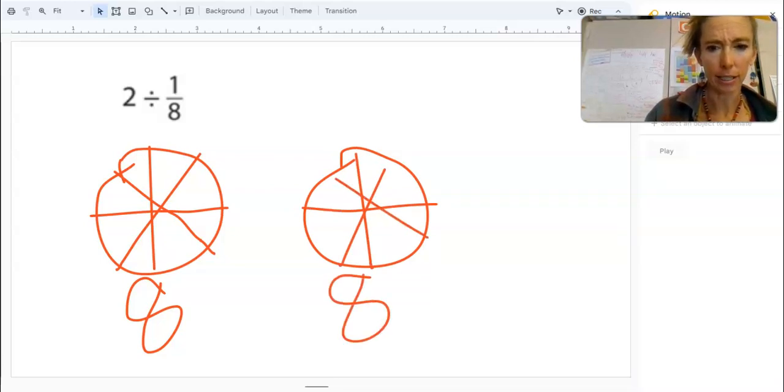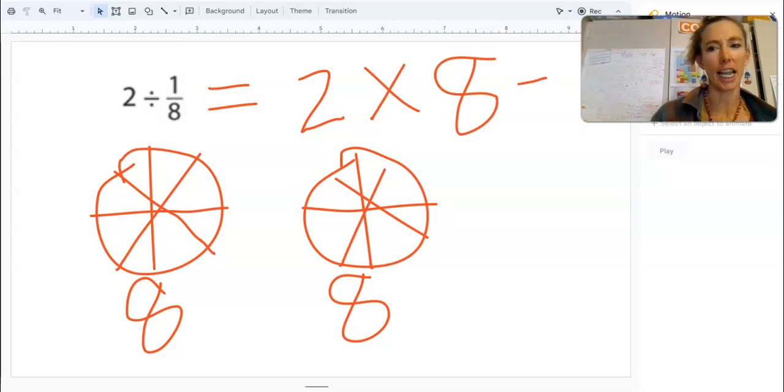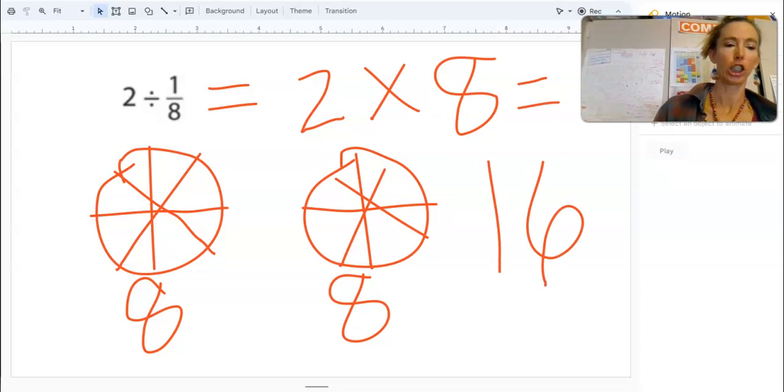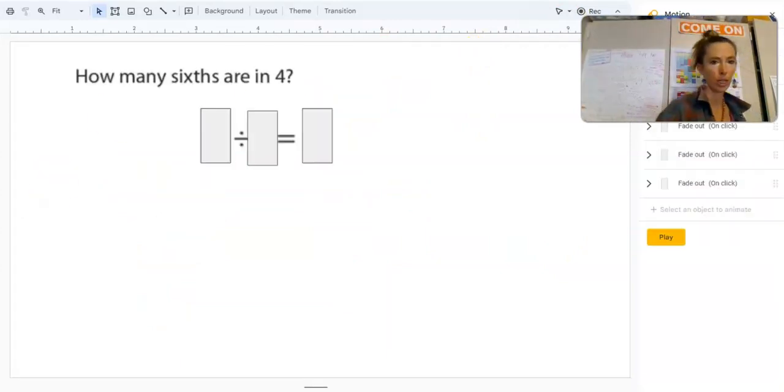So 2 divided by an eighth would be how many total eighths? Well, that would be 2 groups of 8, which is 16. Cha-ching. Okay? Awesome. Okay, no bell moment yet in your brain. Let's try one more with me. Then you're on your own.